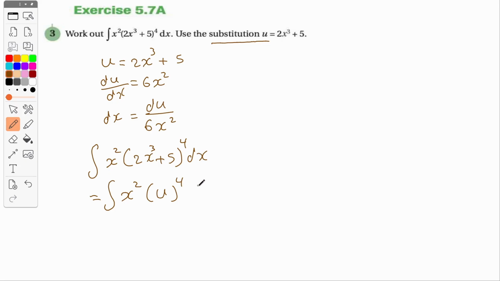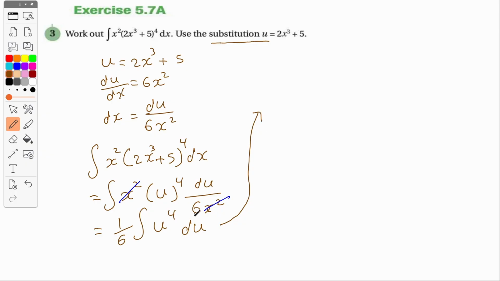Instead of dx, we write du divided by 6x squared. I didn't plug in x squared in terms of u because this x squared will cancel with this x squared. So now what is left is 1 over 6, the integral of u to the power of 4 du.